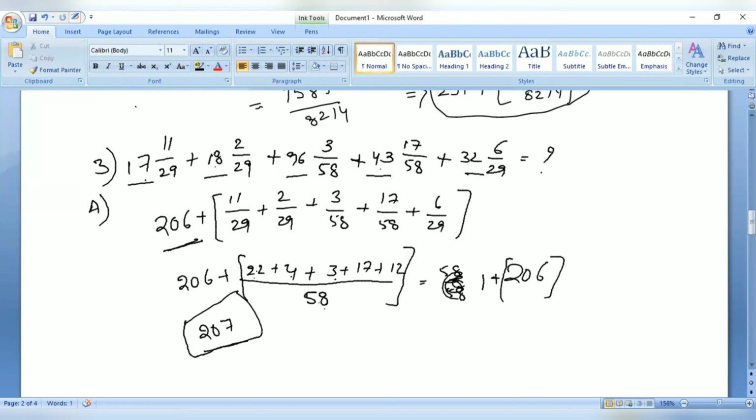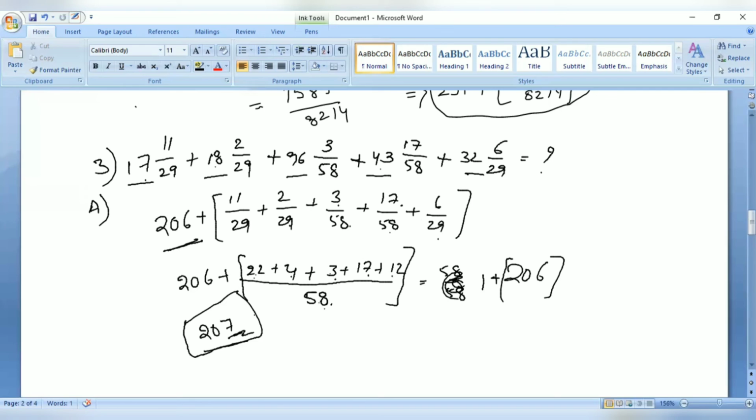So 2 into 11 is 22, 2 into 2 is 4, 58 into 58, 1 time. 1 into 3 is 3, 1 into 17 is 17. 29 twos are 58, 2 multiplied with 6 becomes 12. So we added, the total became 58. So 58 by 58 means 1. So 206 plus 1 will give you the answer as 207.